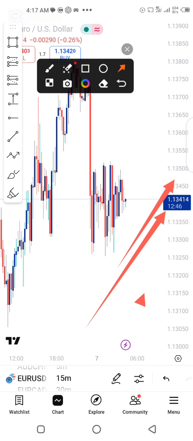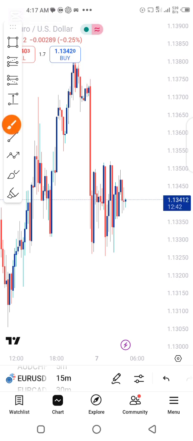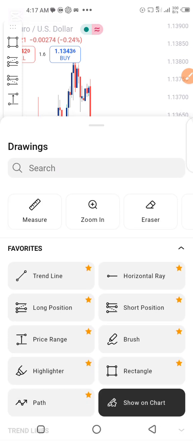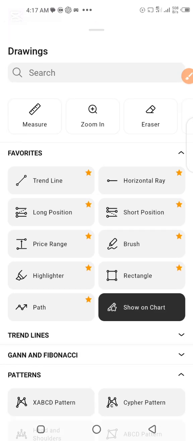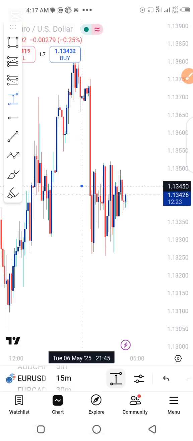So let me get the tool I will use for that right now. Let's go to our toolbar. It's called the price range. You can just search it over here and get the price range.